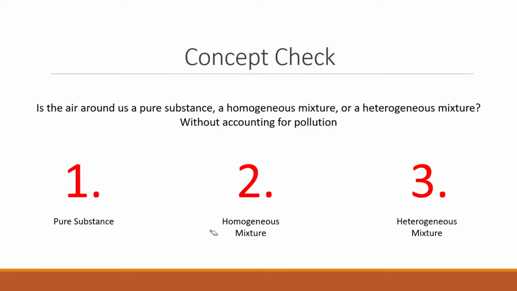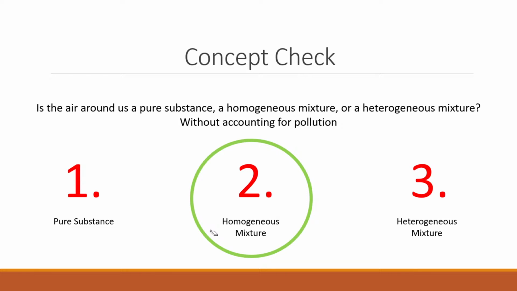All right. The correct answer here is choice 2. Air is not a pure substance. Think about it. What do you breathe in? What's the point of breathing in? What are you trying to get out of the air? Oxygen. And when you breathe out, you're breathing out carbon dioxide.